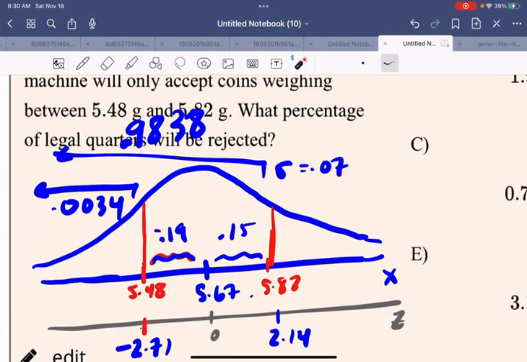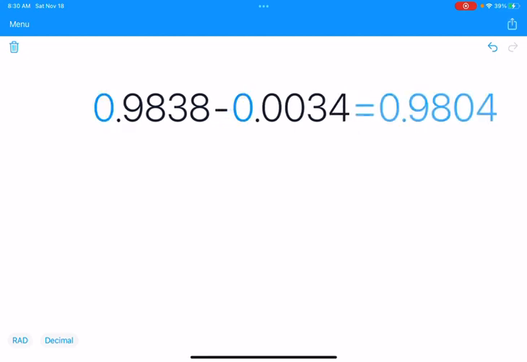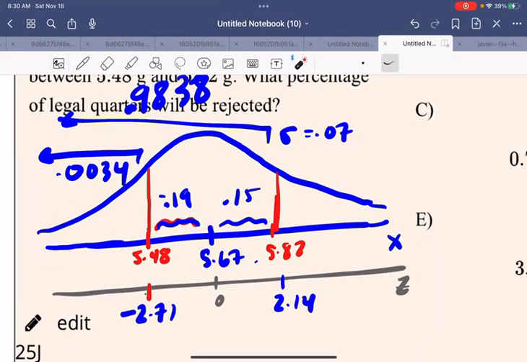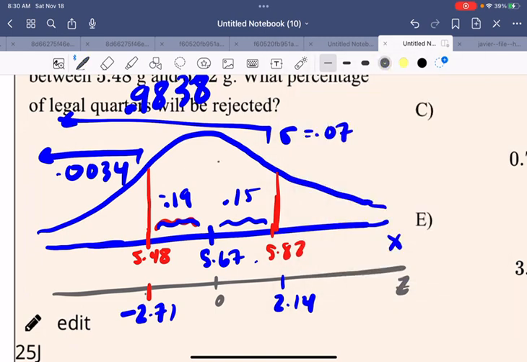Shoot, that was 4. It still rounds off to 98%. So we're going to call this area here 98%. The area in here would be the difference. It's 98%.